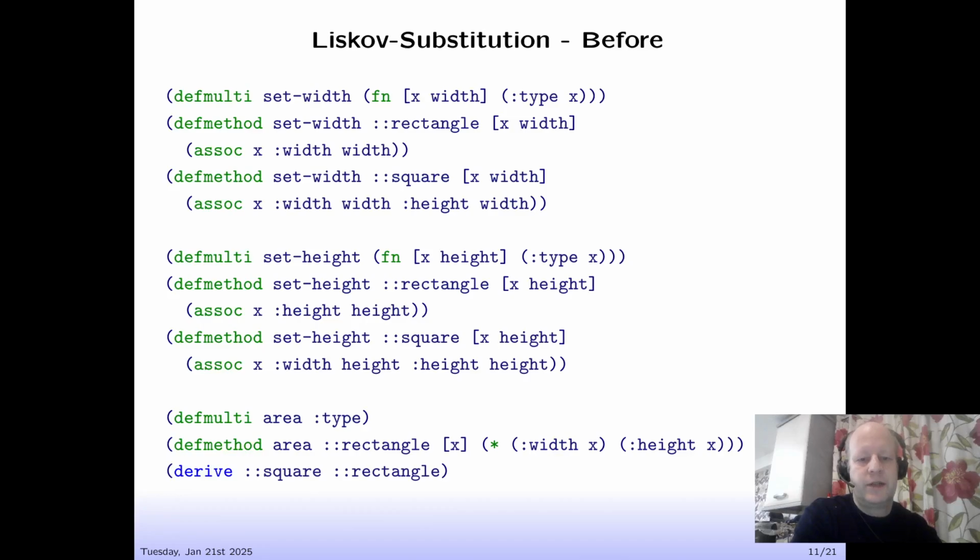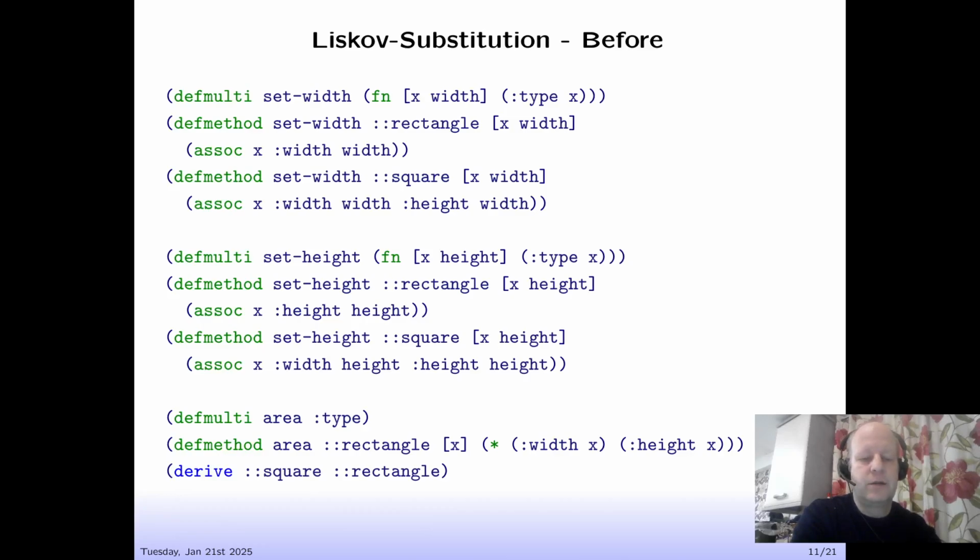Similar for set height. If the shape is a rectangle, we just set the height. If the shape is a square, we set both width and height to keep the size of the square equal. And then we can compute the area as before.